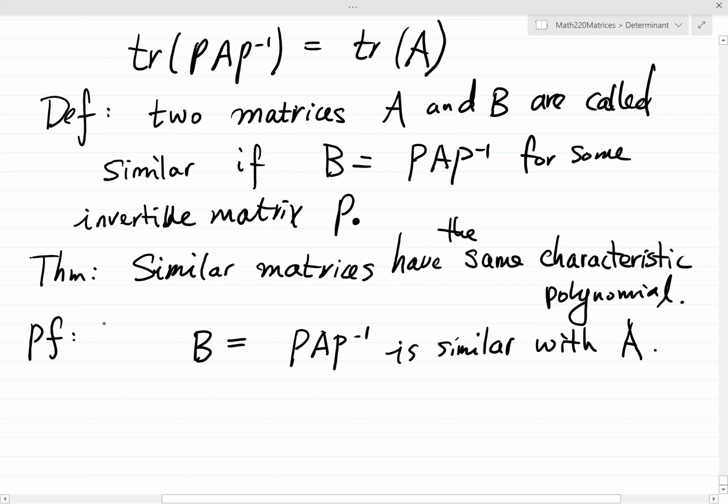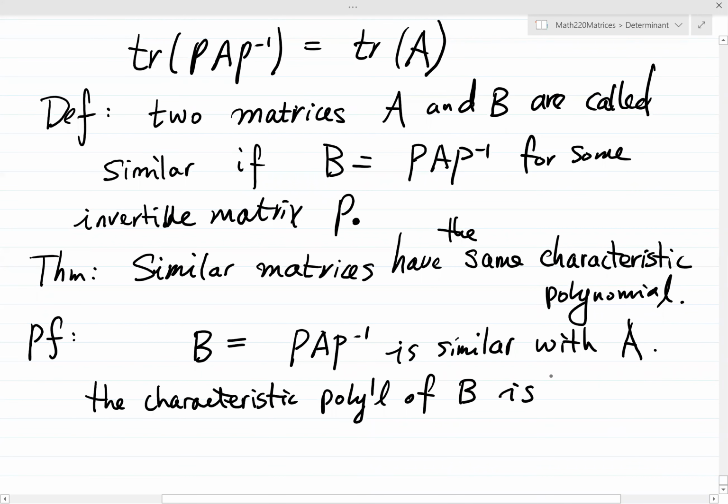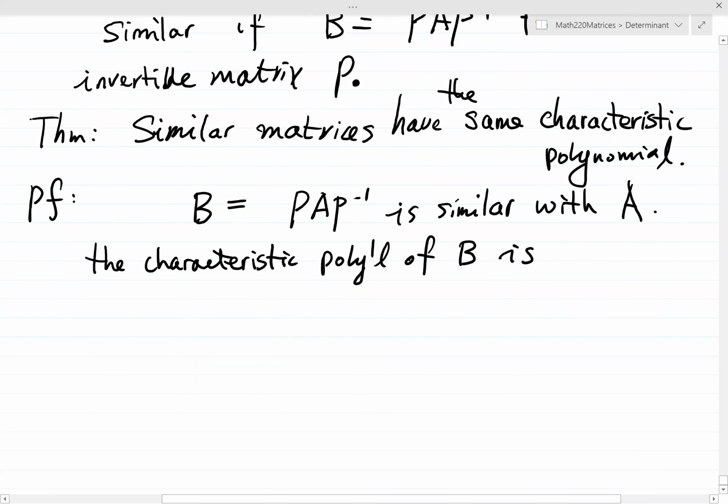Then the characteristic polynomial of B is the determinant of B minus lambda I. Now this is the determinant.